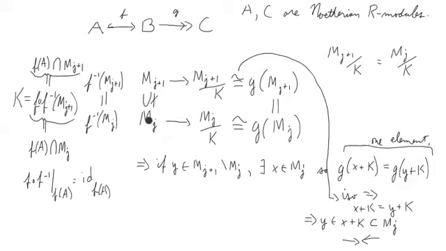So if we mod out by this, which we're going to call K, notice it's going to be the same in both cases. Why is it the same? Well, the pre-image of this was the same as this. So this is the exact same submodule K that we're going to be modding out by here and here. So this submodule modded out by K is the same in both cases.